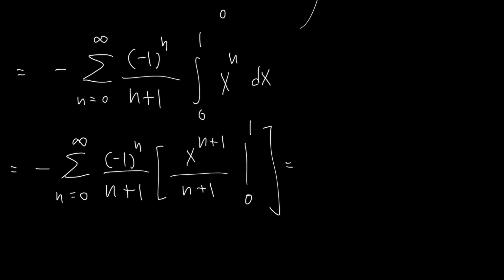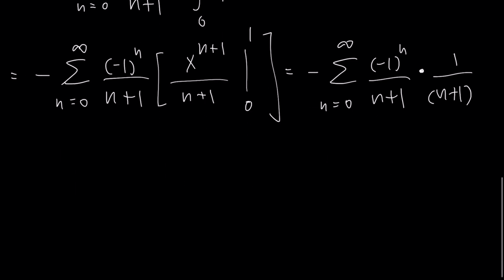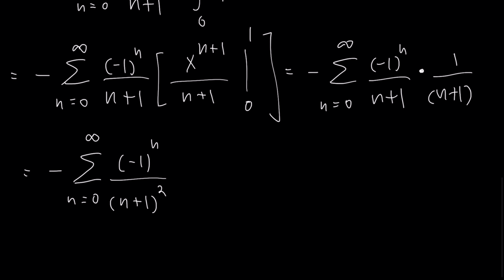This is clearly negative the sum from 0 to infinity of (-1)^n over n plus 1 times an extra 1 over n plus 1, which is equal to minus the sum from 0 to infinity of (-1)^n over (n plus 1) squared.